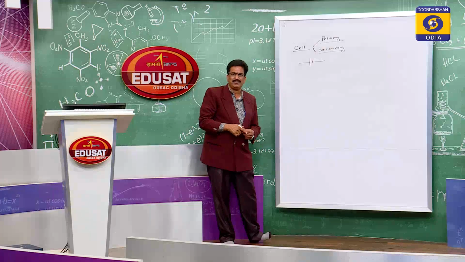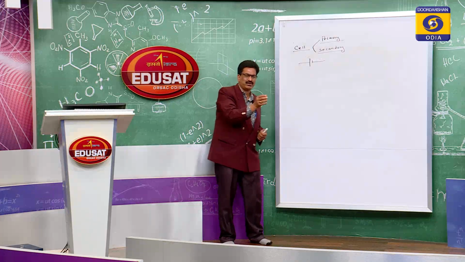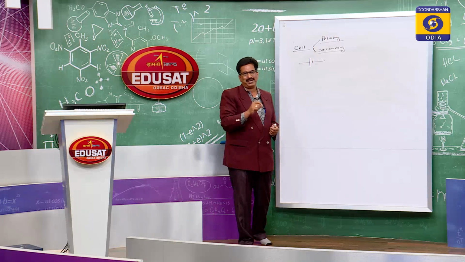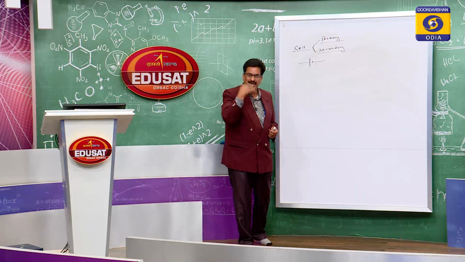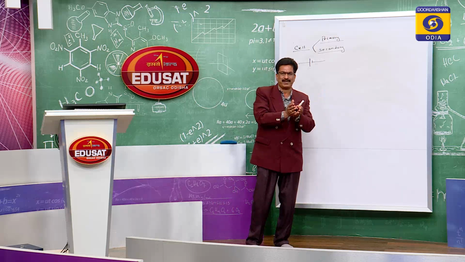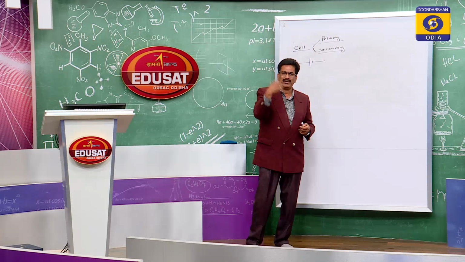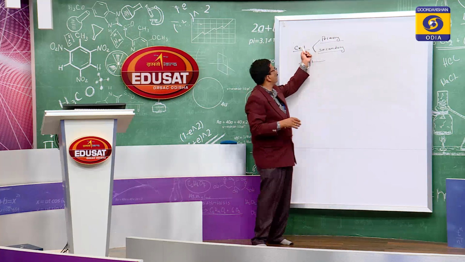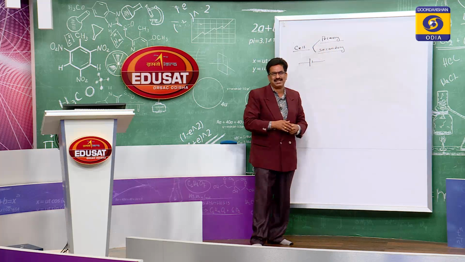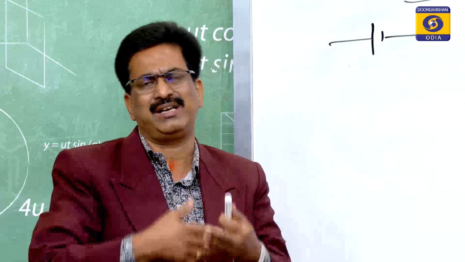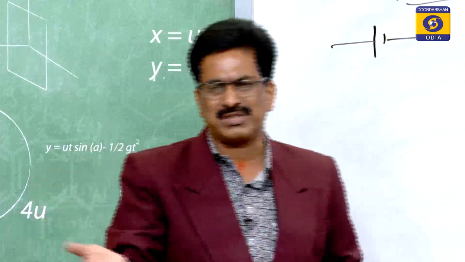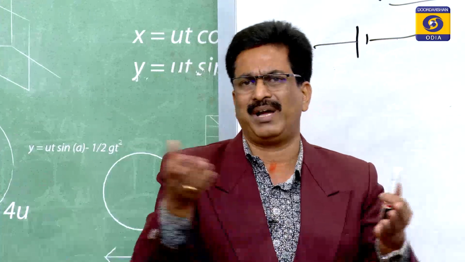Primary cells are generally those you use in your remote or torch light. They are called primary because they cannot be reused. Once the storing capacity is finished, it is over and we throw it away. But secondary cells can regenerate the energy, like the batteries used in motorcycle, car, truck, bus, and various purposes.